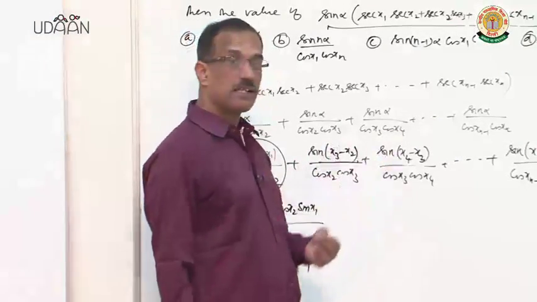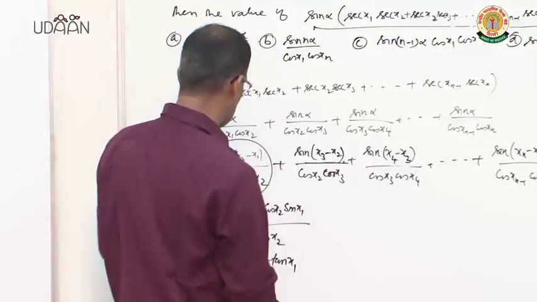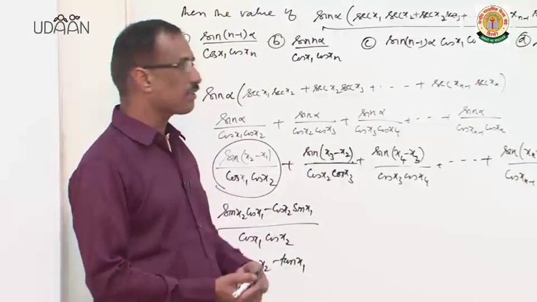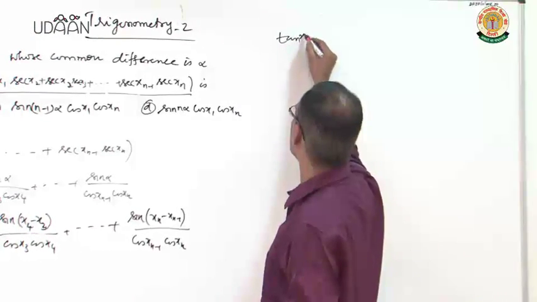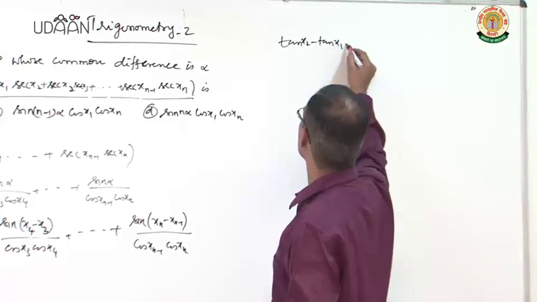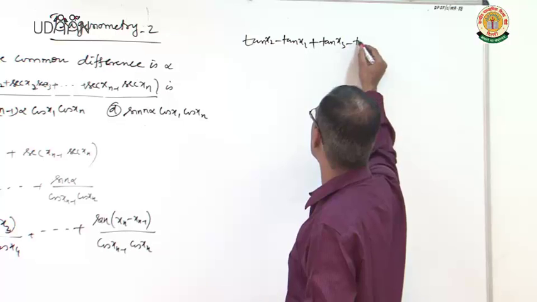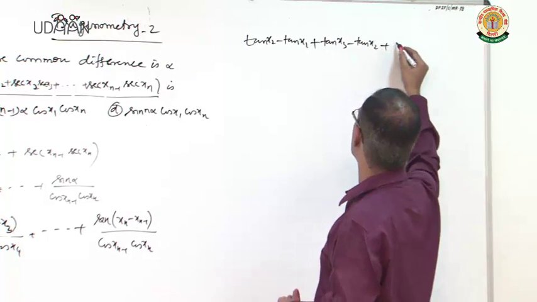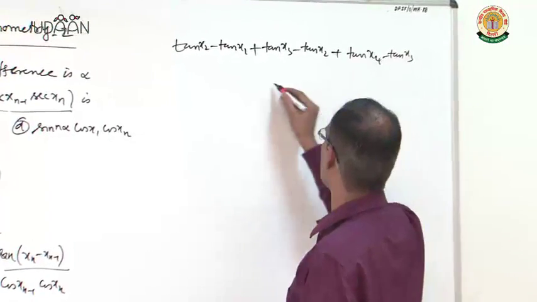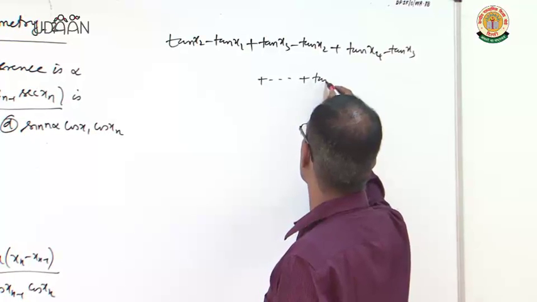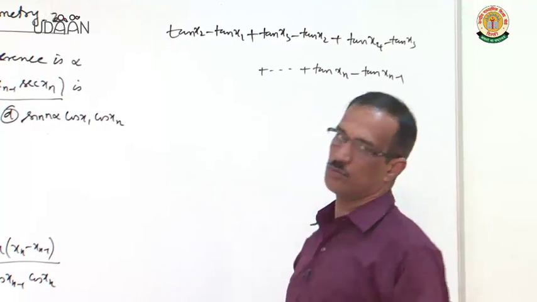Sin (x3 minus x2) upon cos x2 cos x3, in this also you will get tan x3 minus tan x2. So, in a similar way, you will get tan x2 minus tan x1 plus tan x3 minus tan x2 plus tan x4 minus tan x3 plus etc. plus tan xn minus tan x(n minus 1).